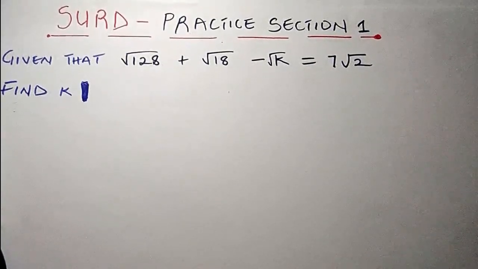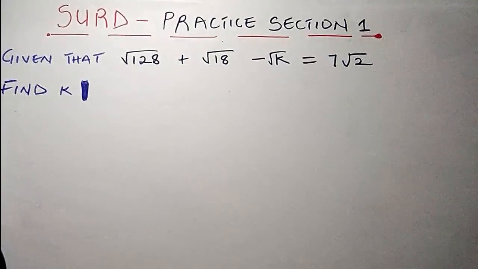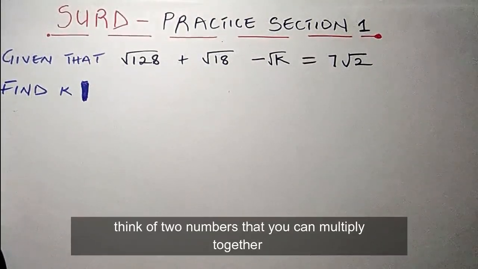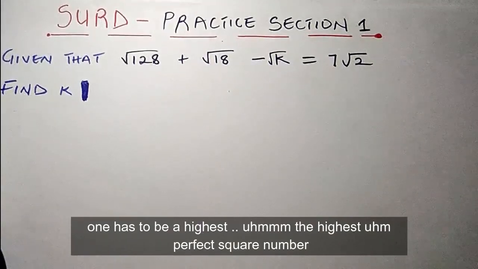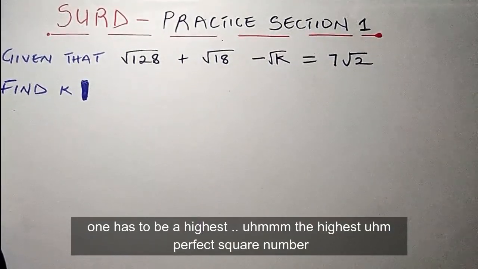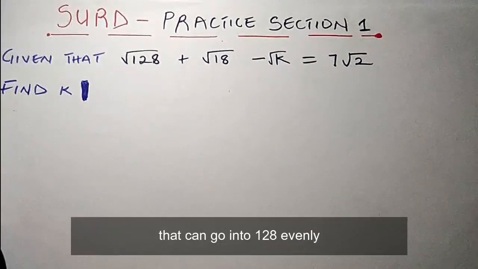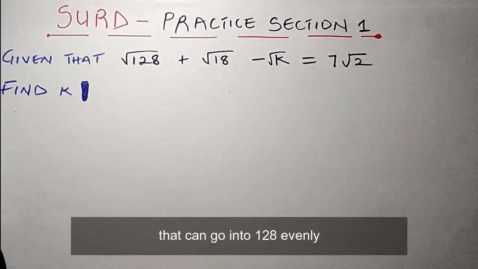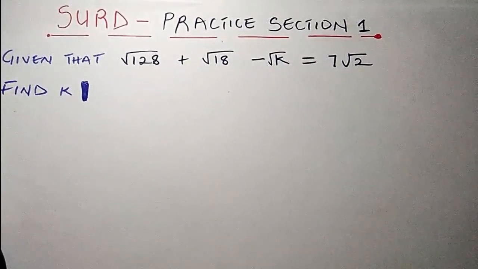But if you followed our last video on simplification, you should be able to find the simple form of root 128. Now, the basic idea is to think of two numbers you can multiply together. One has to be the highest perfect square number that can go into 128 evenly, and if you multiply them you get 128.